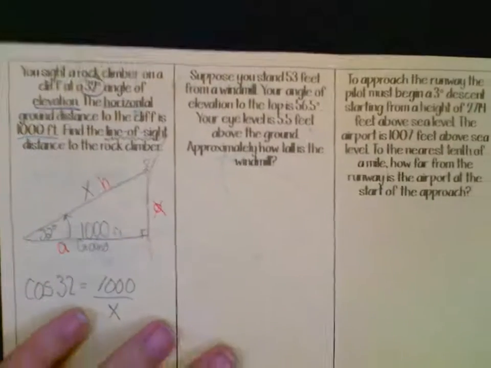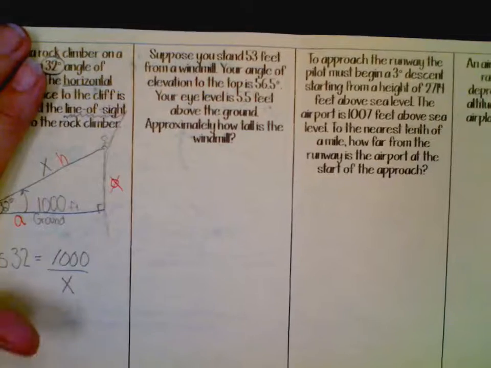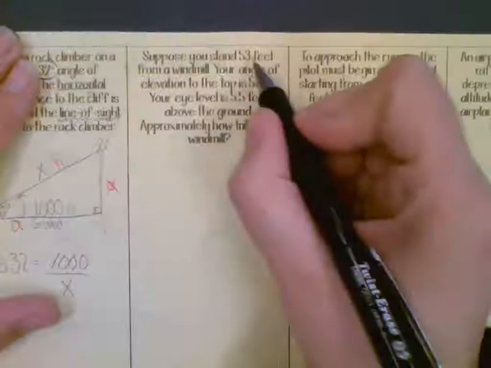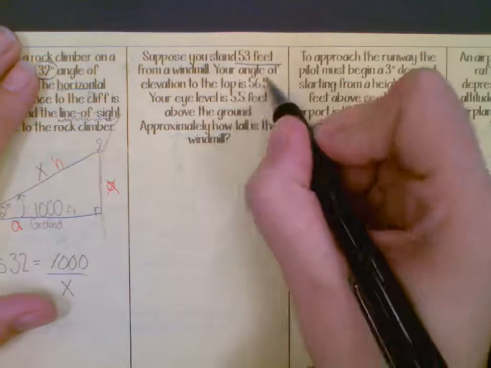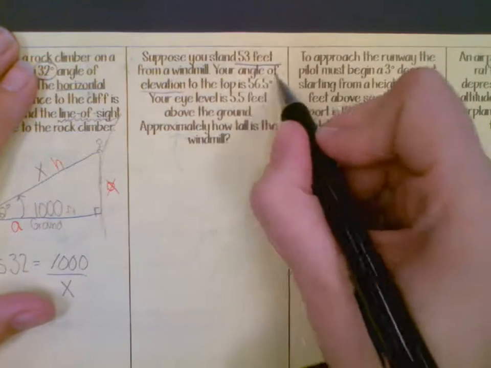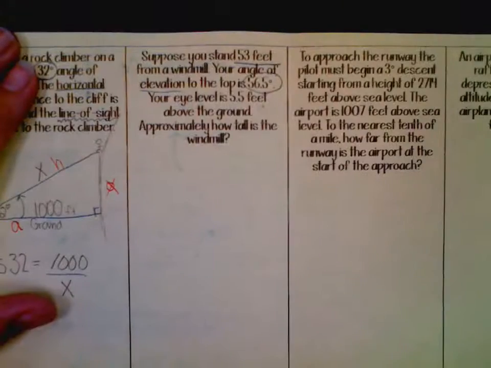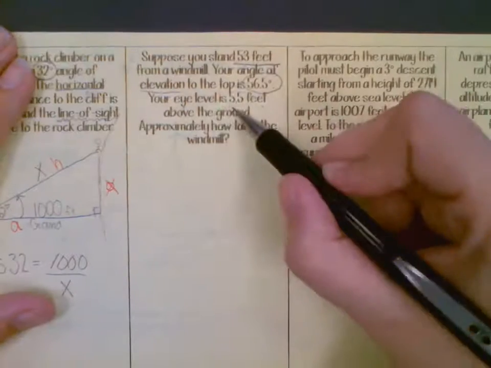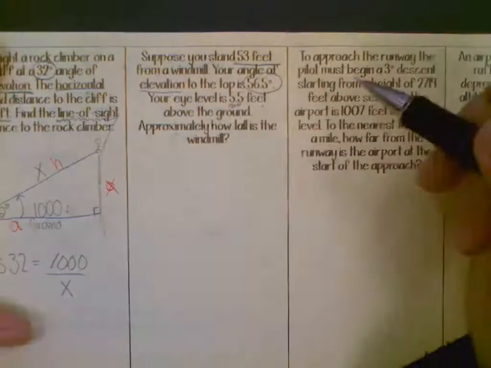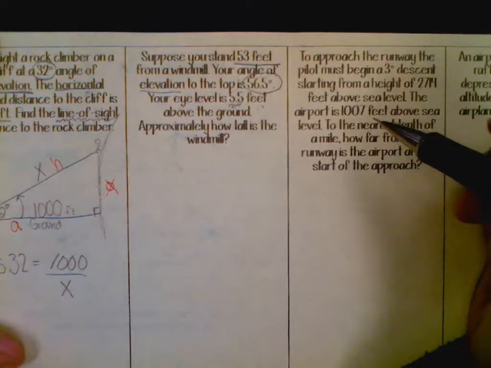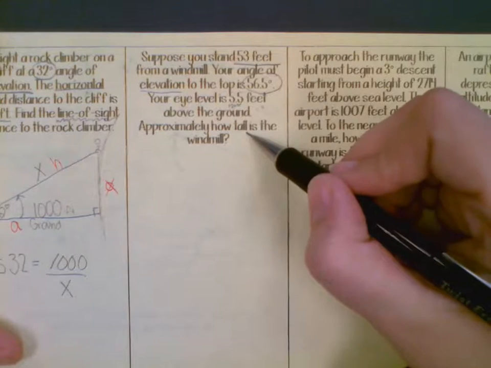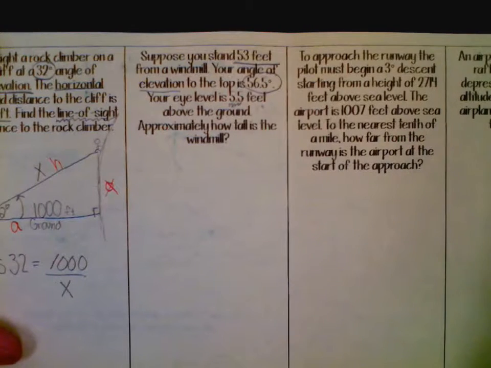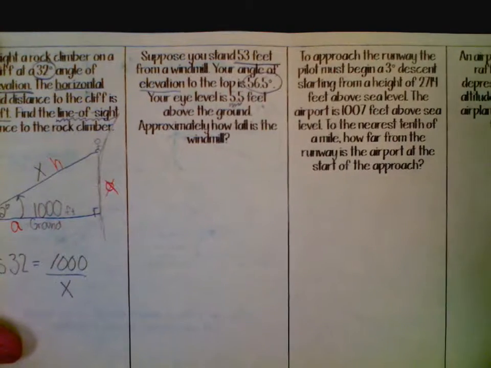Okay, so let's take a look at our next example. This one says that we're standing 53 feet from a windmill. Your angle of elevation to the top, so we have elevation again, is 56.5 degrees. Then they tell us that our eyes are 5.5 feet above the ground, and we want to know how tall that windmill is. This one's a little bit different because they tell us where our angle is being measured from.